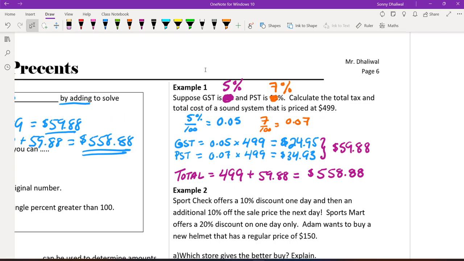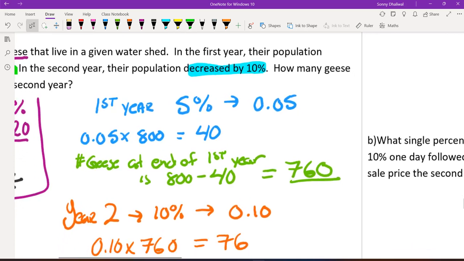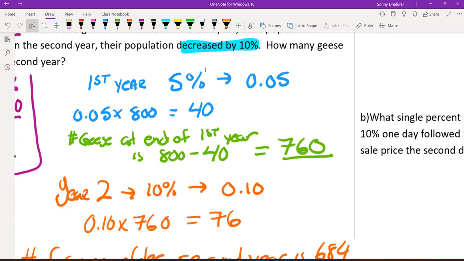Both of them we're doing the tax of $499. In this question, we're doing the percentage on two different things. We're doing the first percentage on how many geese there are at the beginning, but then we lose a bunch of geese over the year. Then the second percentage goes to how many are surviving.